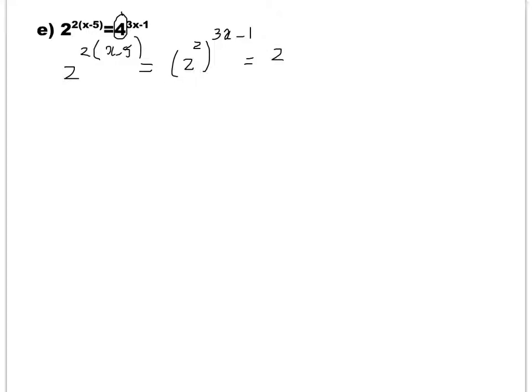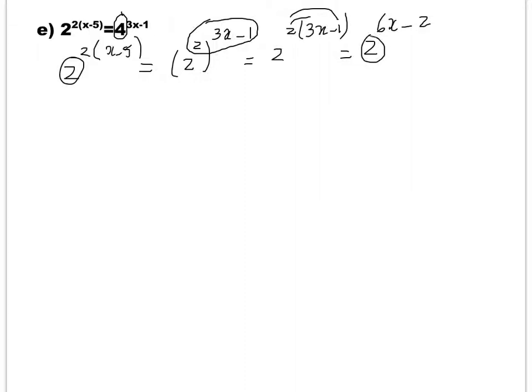Now this is power of power, so I can just multiply these two exponents. So I get 2 times 3x minus 1, and to expand 2 in the bracket, I use the arrow method. 2 times 3x gives me 6x, minus 2 times negative 1 gives me minus 2. Now the bases are the same, so the exponents have to be the same.